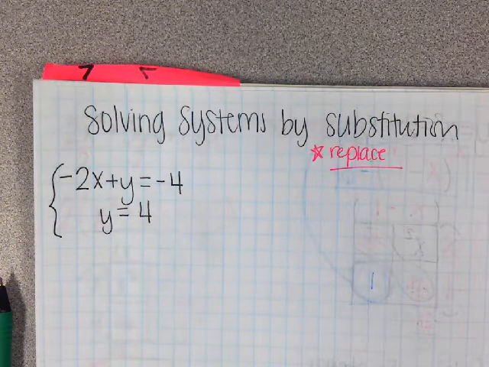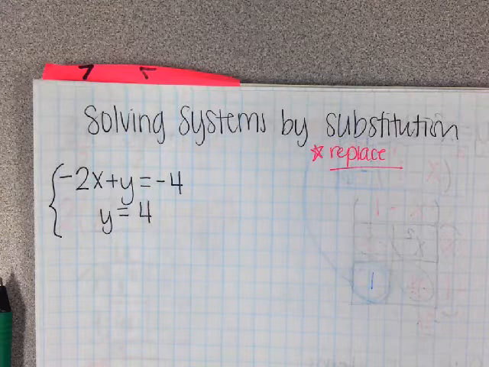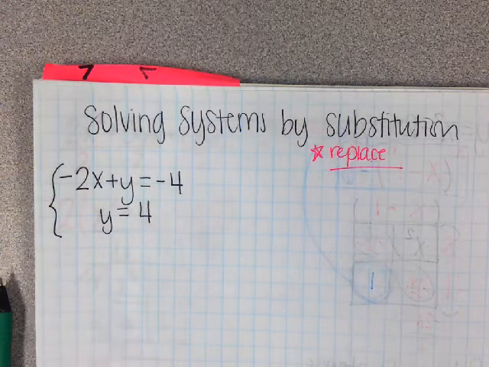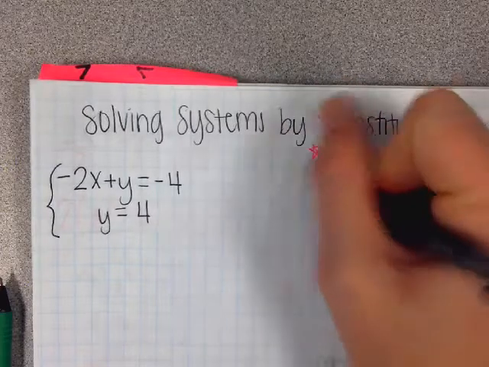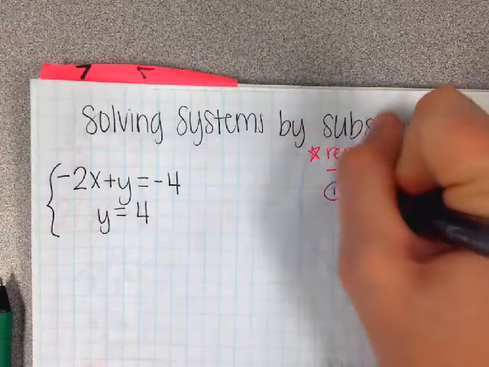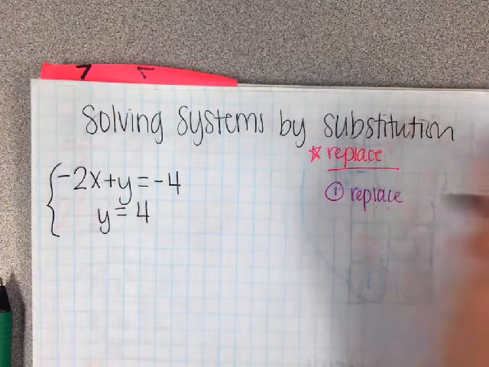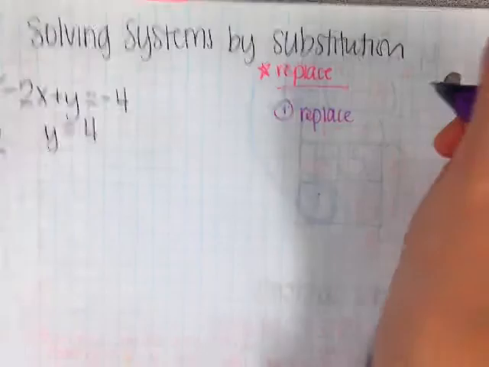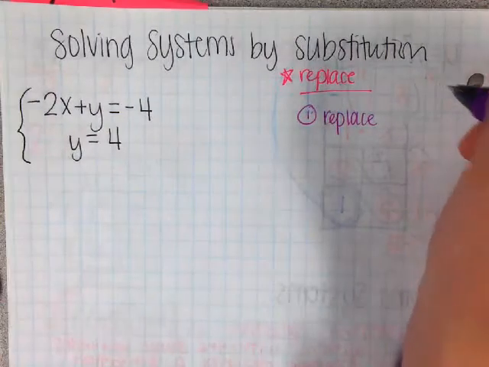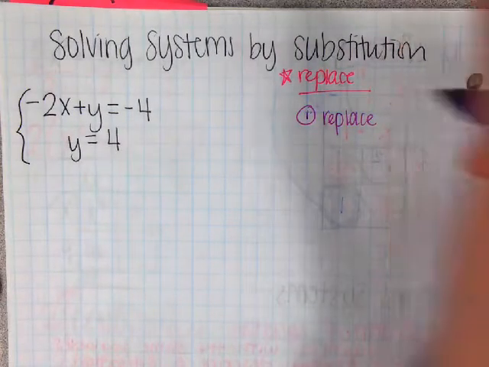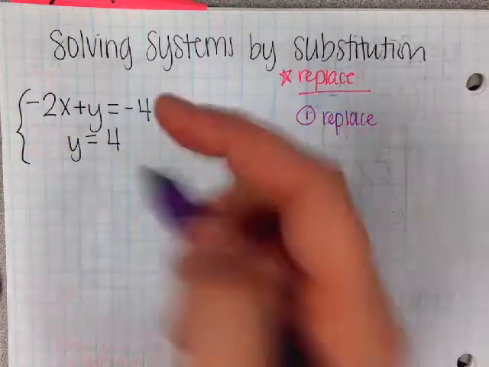So there you go. Now, sorry, I'm trying to spell the next thing right. So the first thing that you're going to do is you're going to replace. So the whole reason we call it a system by substitution is we're going to replace.